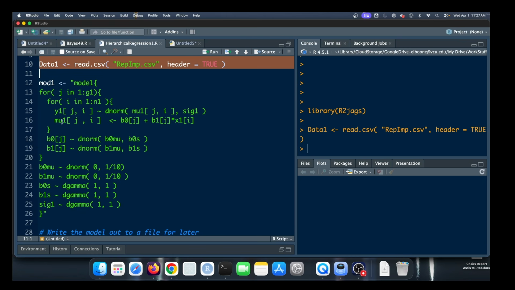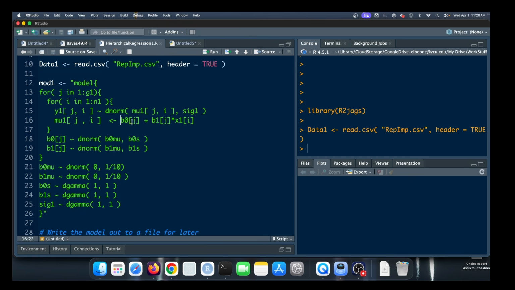And then mu_ji is going to follow beta 0j plus beta 1j times xi. Okay, so these coefficients change by each of the groups. And here xi isn't x_ji because it's the same value for each of these in this case, just to make things a little easier.